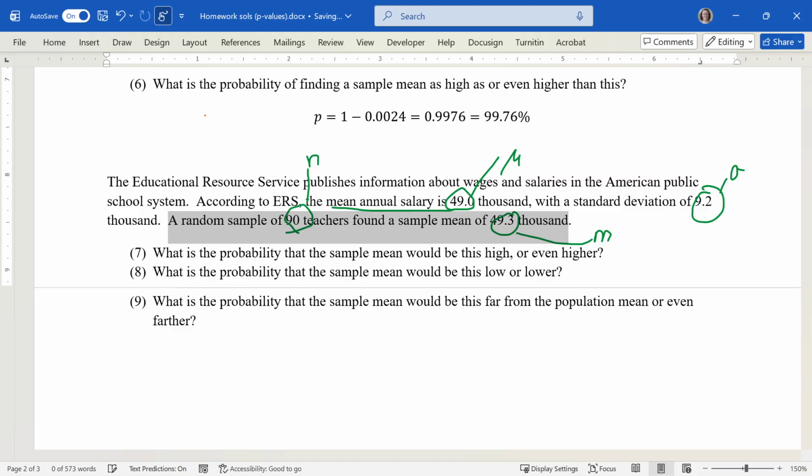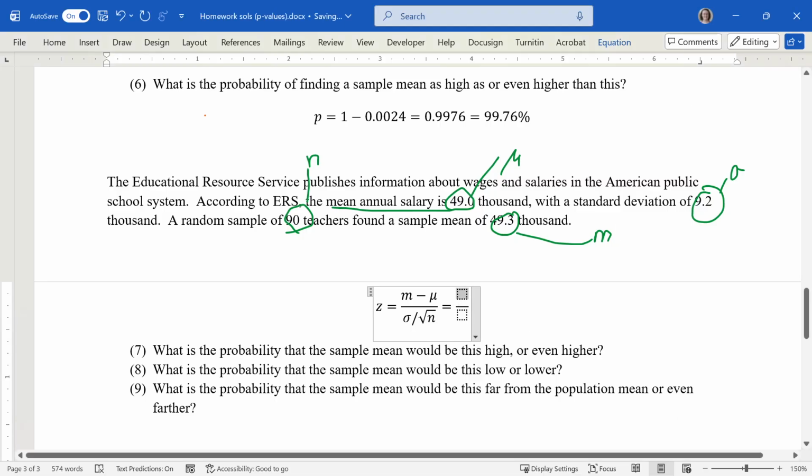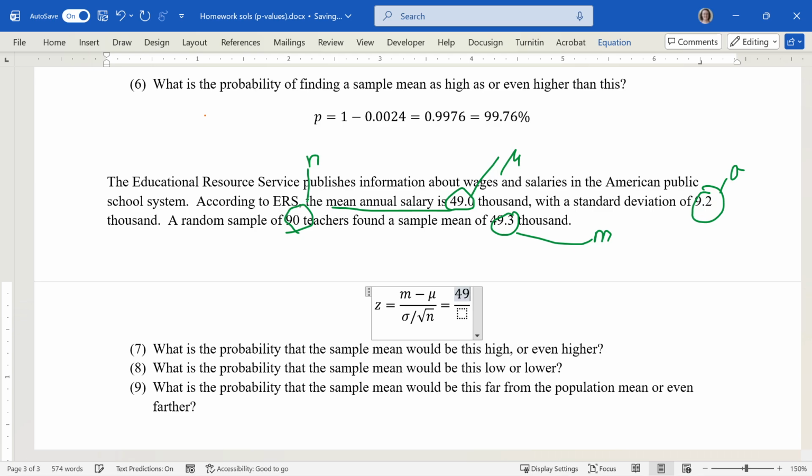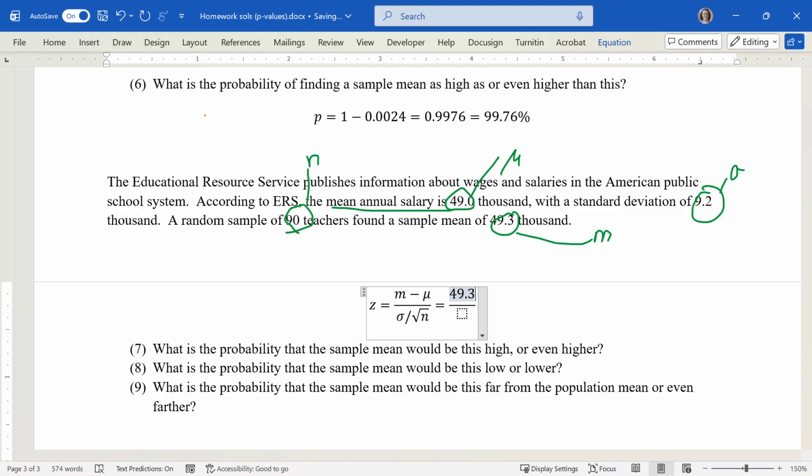Okay, so now we can go ahead and calculate z. So here is the formula, and now I just need to fill in the pieces. So M is 49.3. I'm going to do it without the 000s, just treating the thousands like units, as if it was 49.3 oranges or 49.3 miles or something. Okay, so 49.3 minus population mean of 49.0.